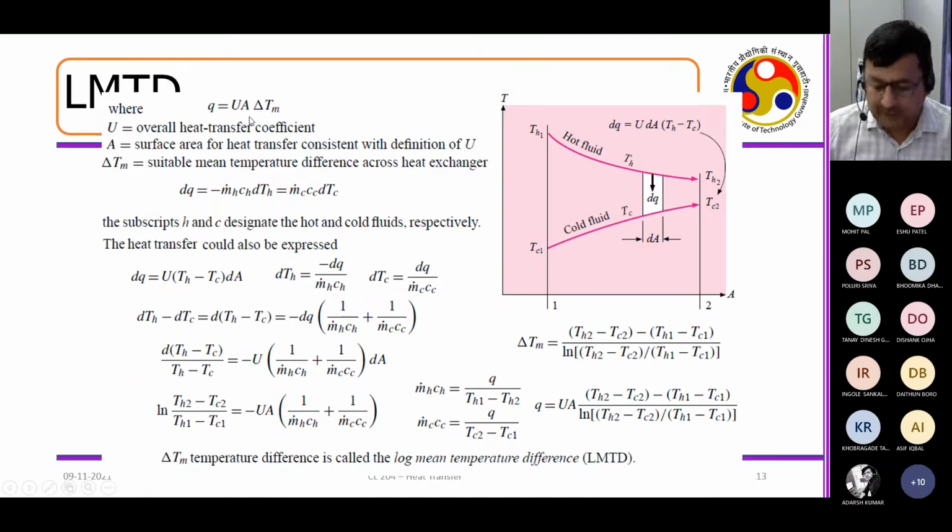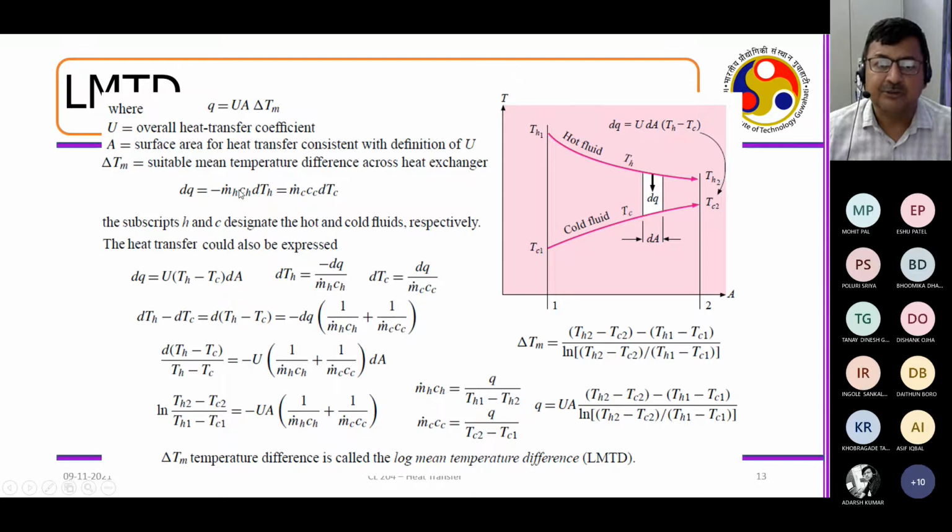We know that for a heat exchanger, at any particular point, this is dQ, this is dA, and the temperature difference I call delta Tm, which is T hot minus T cold. T hot minus T cold is the variable delta Tm.